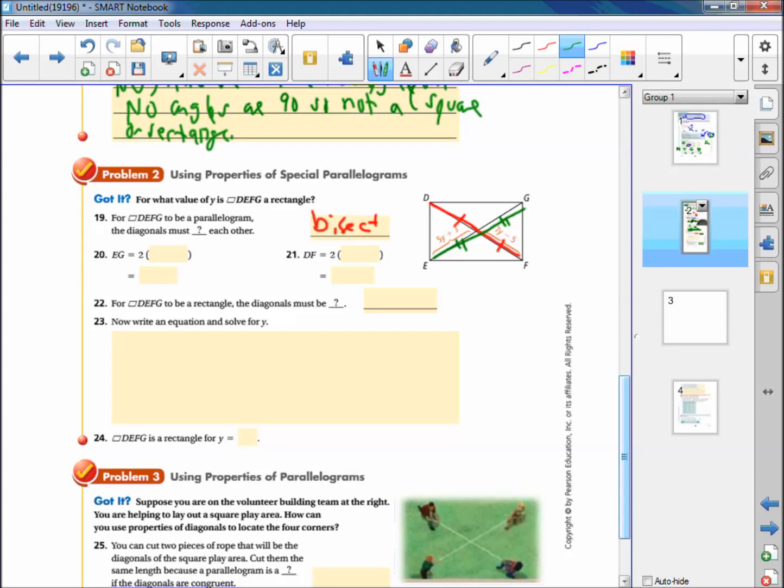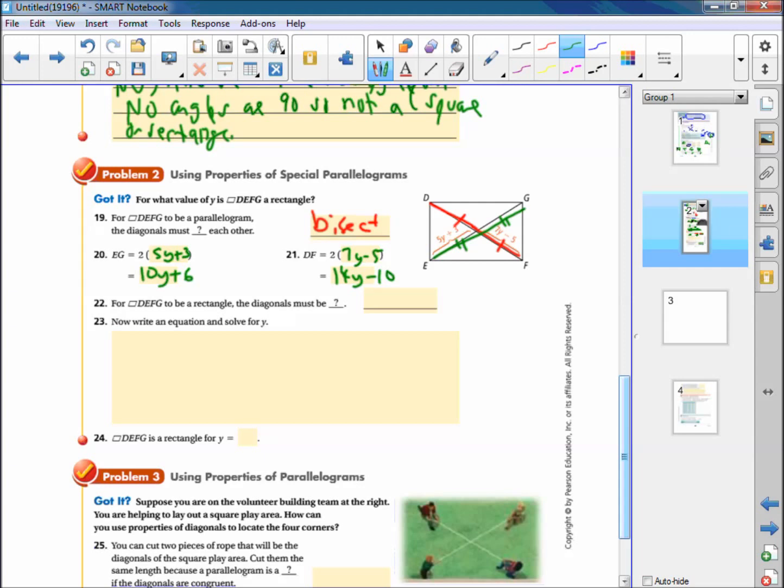Okay. So in this case, EG is going to be equal to 2 times 5y plus 3. And DF should be equal to 2 times 7y minus 5, because those opposite parts of the diagonal should be the same. Okay? And then we can simplify that to 10y plus 6 and 14y minus 10.